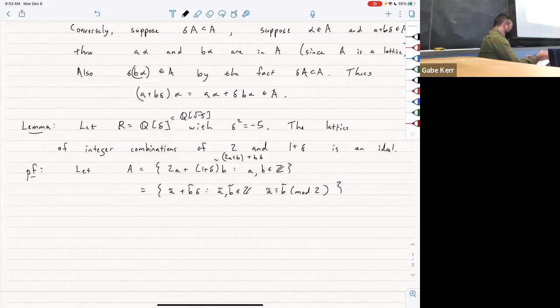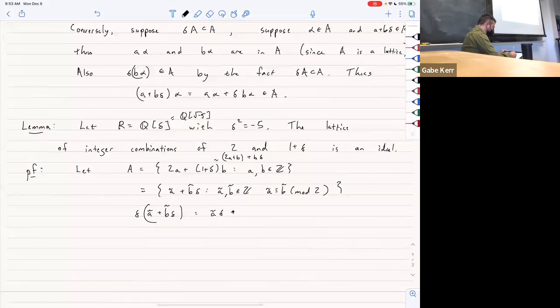And why do I mention it? I mentioned it because I like that description better, but also because my perspective here is that I can take delta times a tilde plus b tilde. I can check a tilde delta plus or minus 5 b tilde.